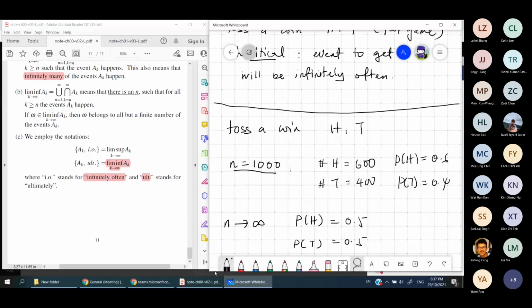Our age is finite, and one day our universe will be destroyed. However, theoretically, using the strong law, we can come up with this conclusion. That is another story, not really directly related to infinitely often or ultimately.